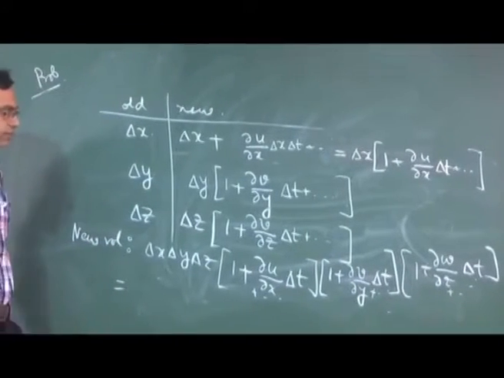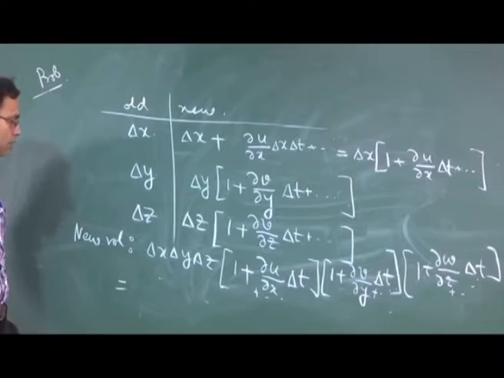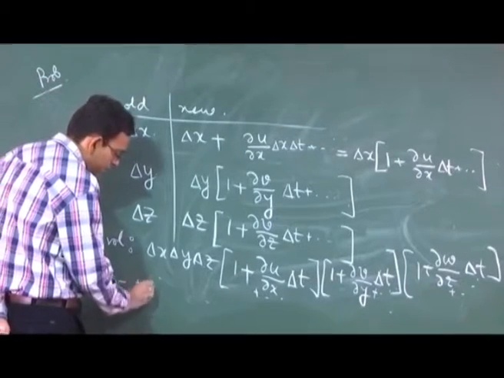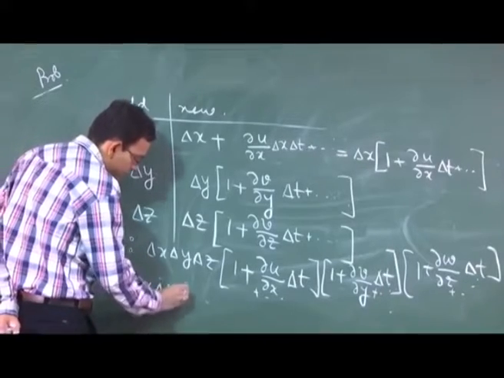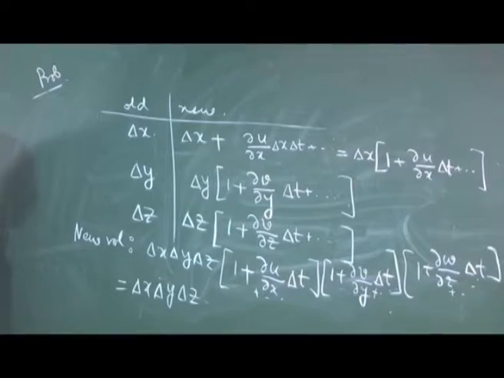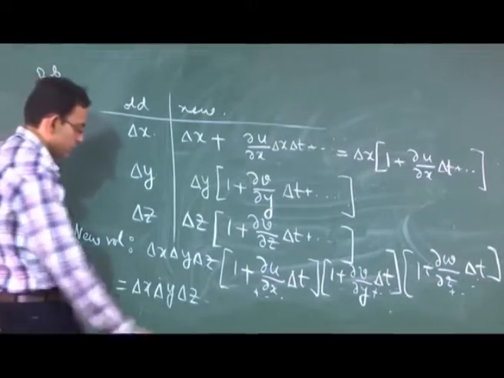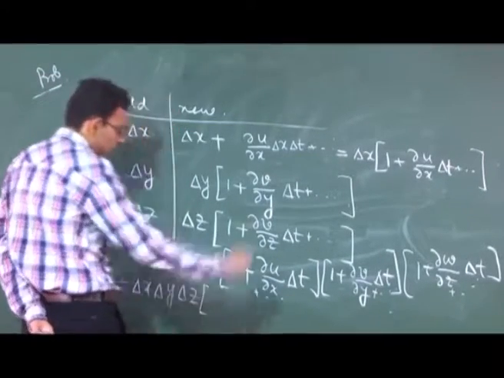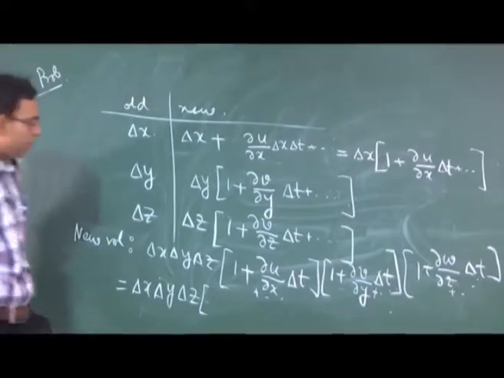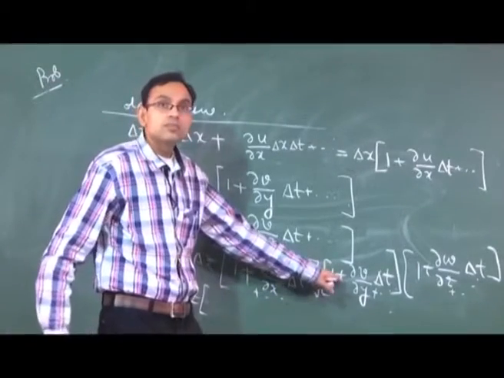So, what is this? This is delta x, delta y, delta z. So, now you multiply these two.